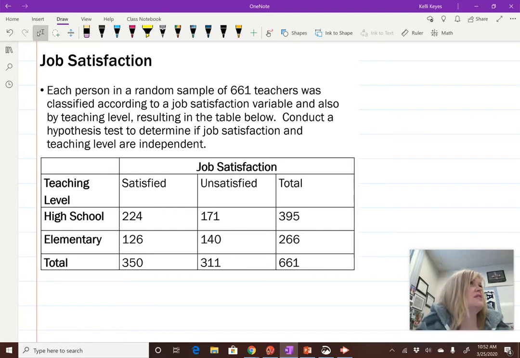This was done a few years ago. So this is a chi-squared independence test because we want to know if job satisfaction and teaching level are independent. So you know right there, if it mentions independent or dependent, it has to be a chi-squared independence test.